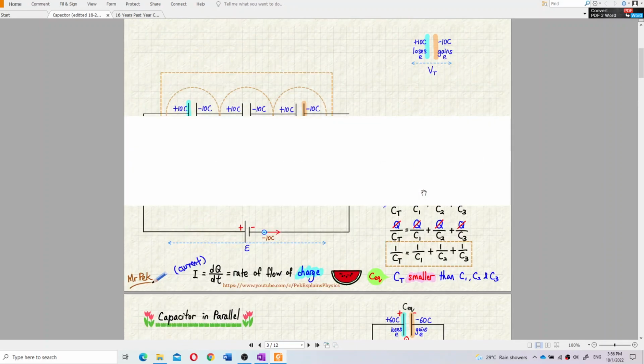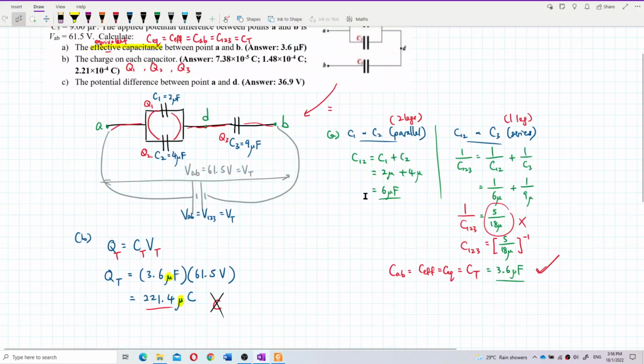Okay, so go back to our question. We want to find the charge in each capacitor. What I can say from here is we got the total charge already.